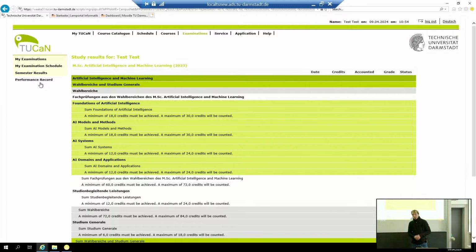Professor has a semester on leave, for example, then it won't be offered, probably. Something like that. It might be an error, so therefore ask. And the examination office is your first point of entry for such questions. All examination and Tucan related questions, probably first of all, the examination office or the advisory service, of course. You can always get in touch with us as well.